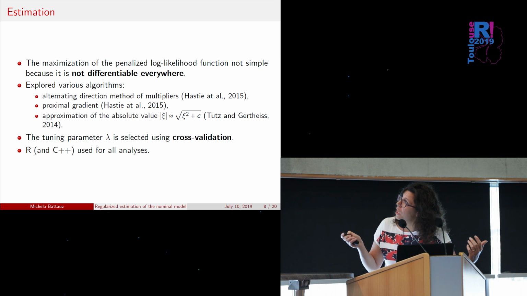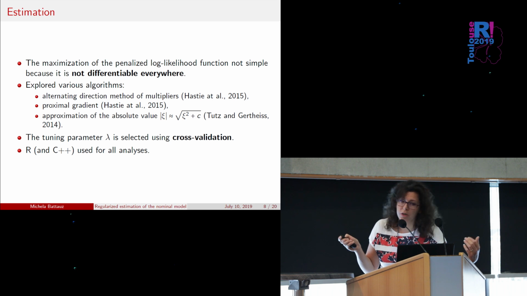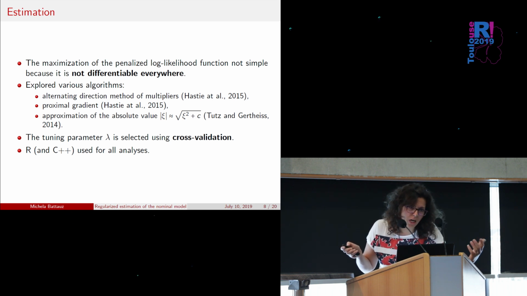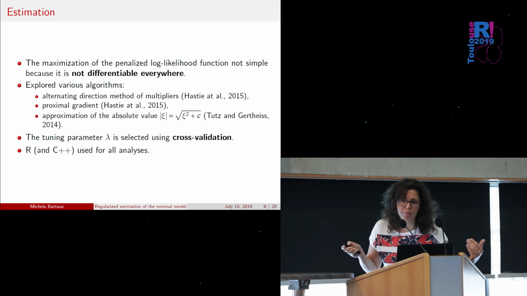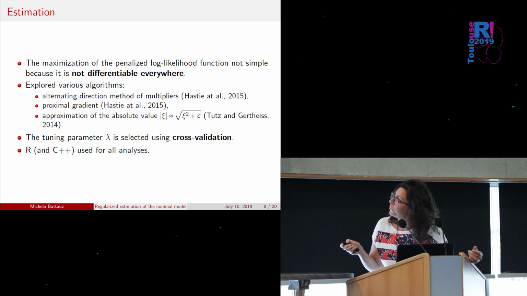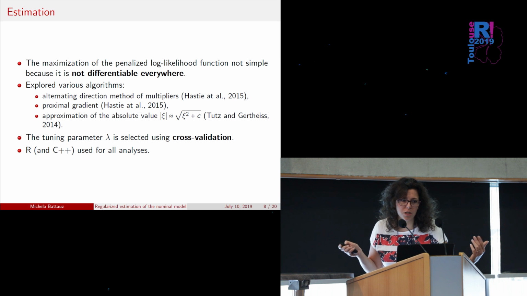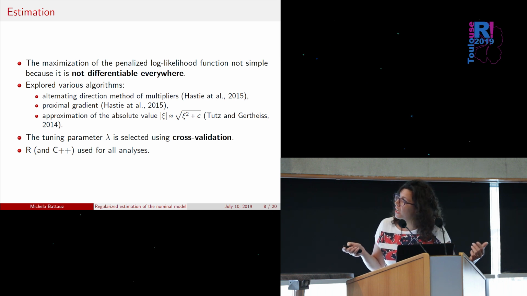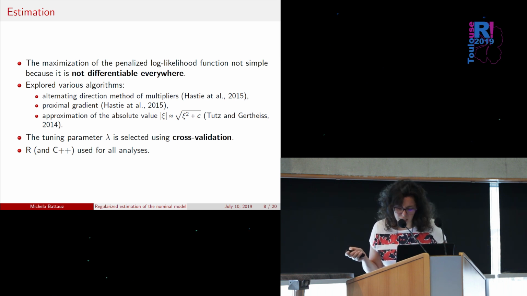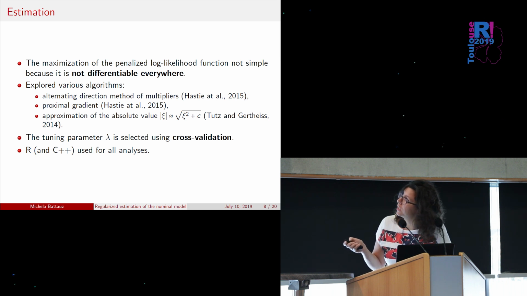And then, after approximating the absolute value with this quadratic function, you can just maximize the log likelihood using standard optimization routines. The tuning parameter lambda was selected using cross-validation, and I implemented in R and C++ all these analyses.